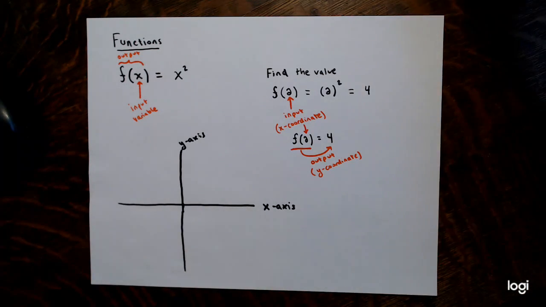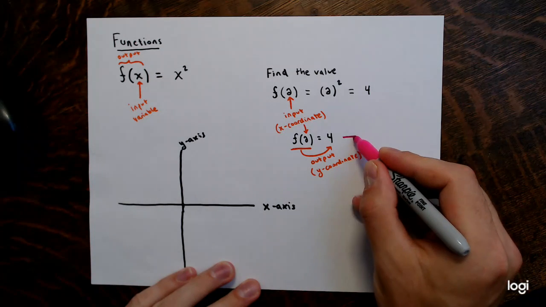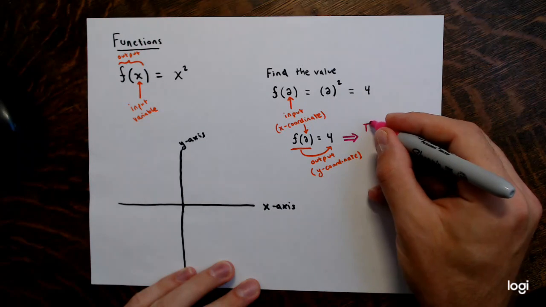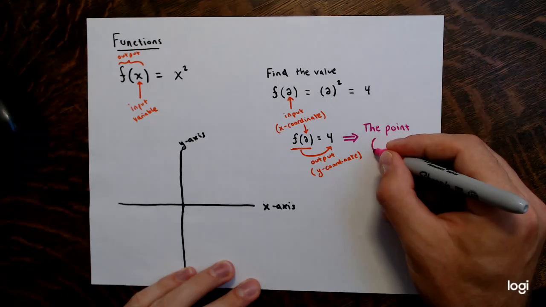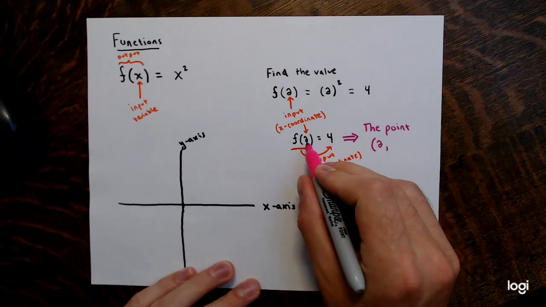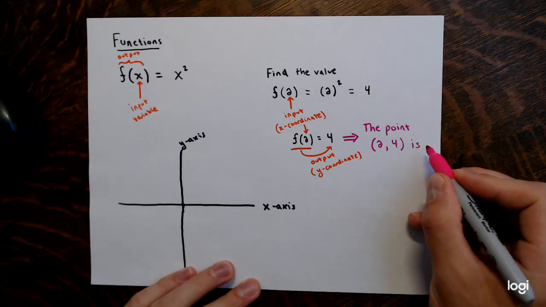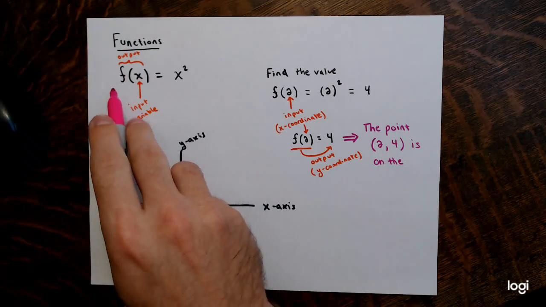So when we state that f of 2 is equal to 4, it means that the ordered pair (2, 4), 2 for the x coordinate, 4 for the y coordinate, is on the graph of the function that's named f.